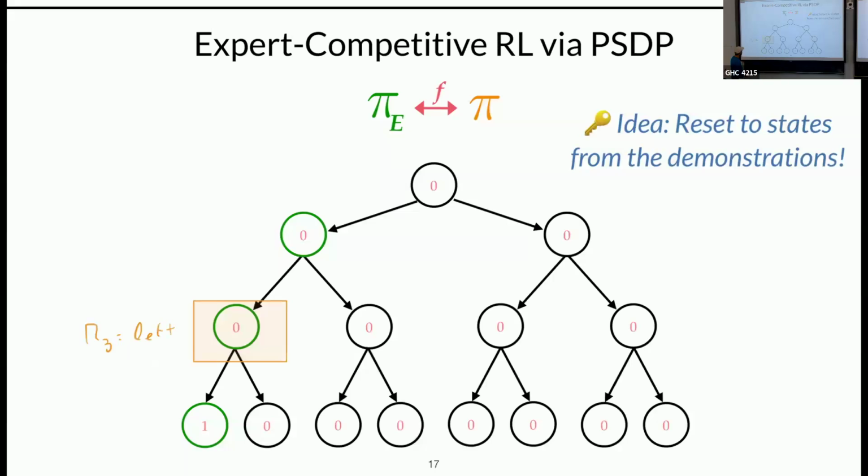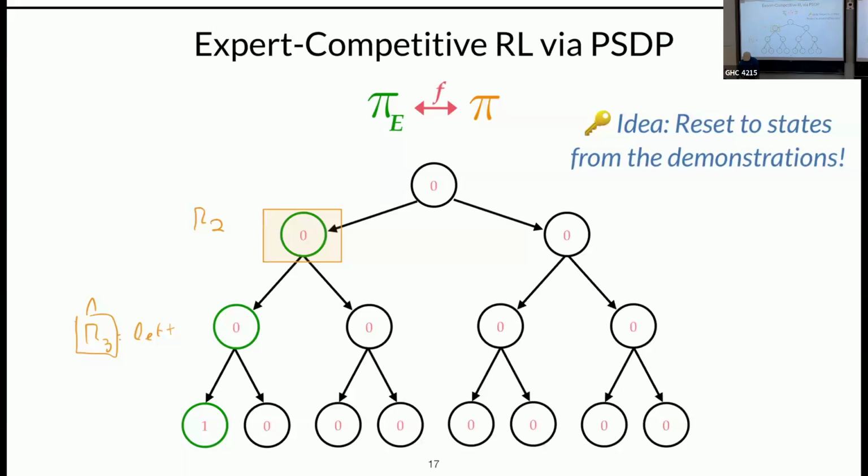Then like Drew was mentioning, what we're going to do is lock in this policy. I'm going to fix this policy and back up a time step. Now I'm going to look at states here, pi 2. I'm going to figure out what I want to do at this step, conditioned on the fact that in the future I must go left.